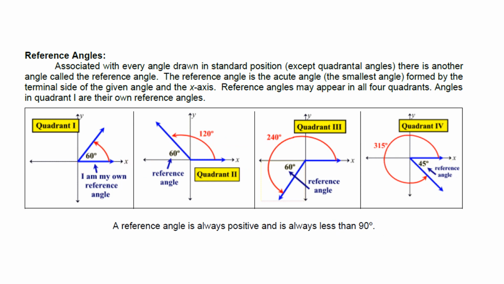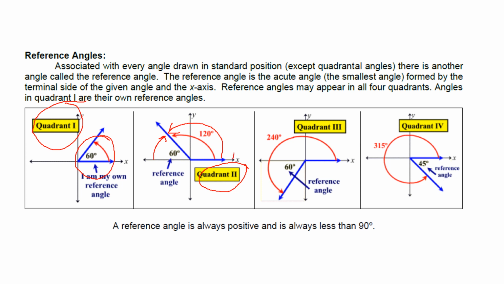So going back to our reference angles, how are we going to solve for the reference angle? In the first example in quadrant 1, there is no problem because it's already given that the reference angle is 60 degrees. Now, in the second quadrant, how are we going to solve for the reference angle? We have 120 degrees, and we know that the reference angle must come from the x-axis going to the terminal side.